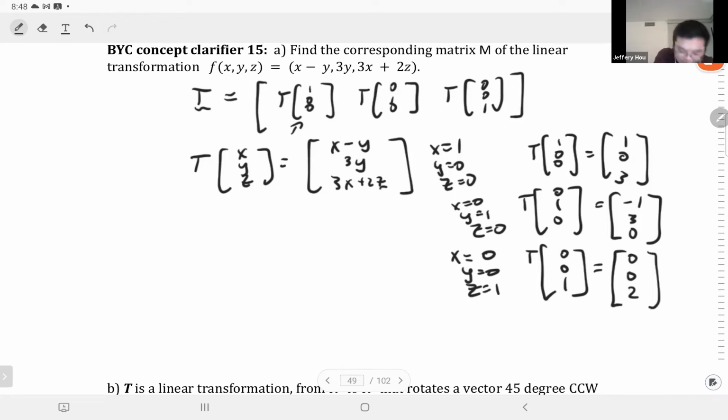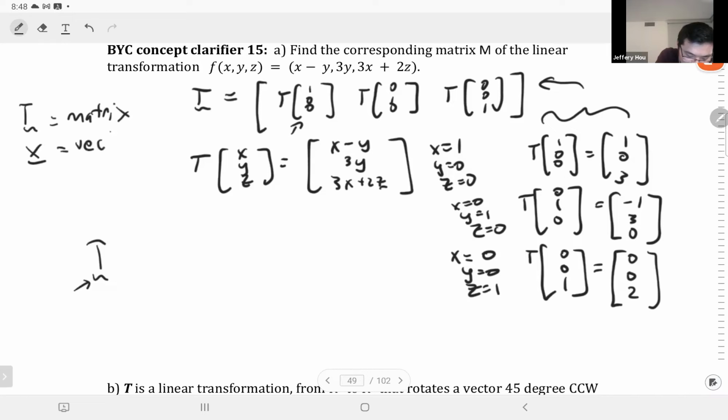Now we put this together. I like to use a squiggly to indicate matrices, just for your reference, and X with a line underneath is a vector. It's just my convention, to not confuse myself. T equals: T of (1, 0, 0) is the leftmost column, so (1, 0, 3).